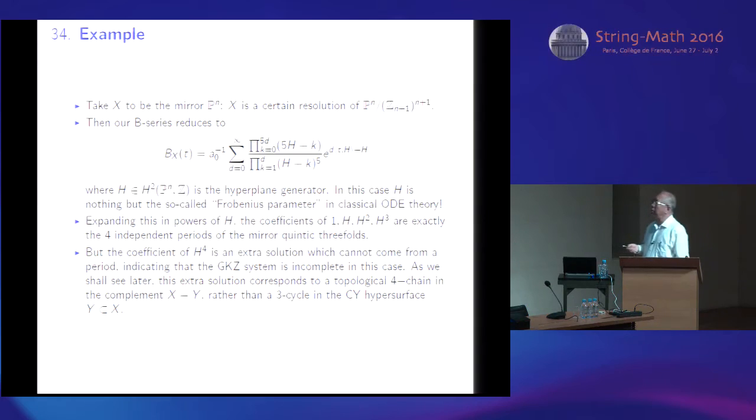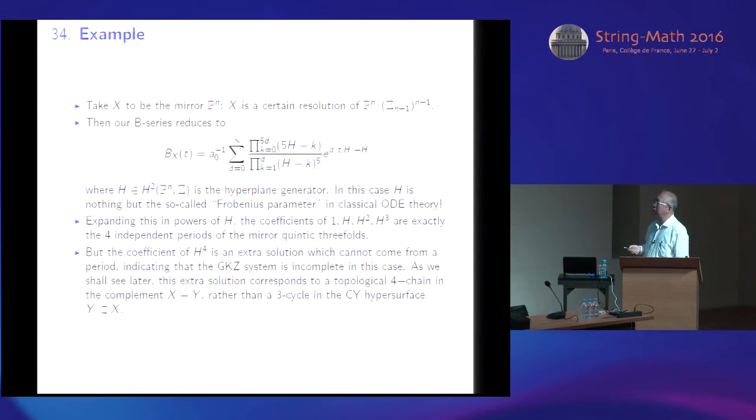Now, the important example in that theorem that Hosono, Bong Lian, and I did was the classical case due to Candelas. Let X be the mirror of Pn. Then our B series reduces to this power series, which is familiar to people who have ever studied quintic mirror geometry.